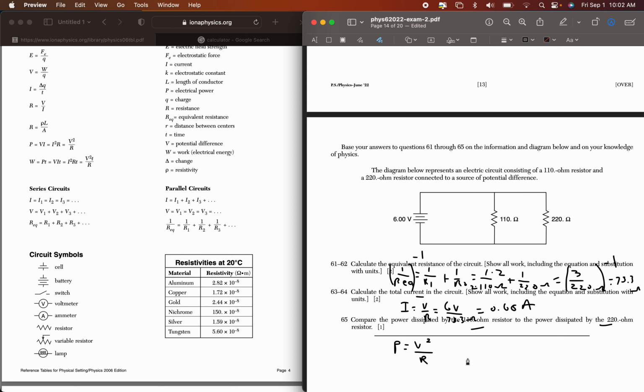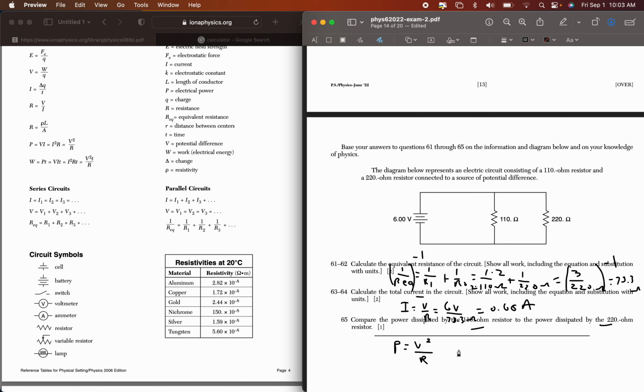So compare the power dissipated, since power is inversely related to resistance, the more resistance we have, the less power we have. So if we had a 110 ohm resistor compared to a 220 ohm resistor, the power dissipated by the 110 will be double because it's inversely related.